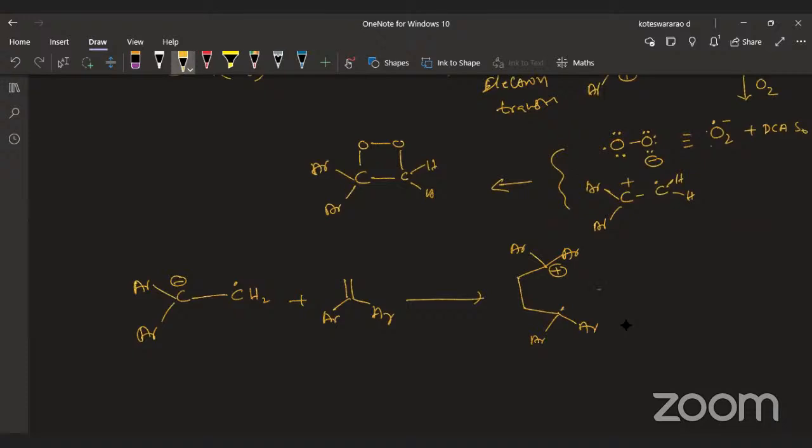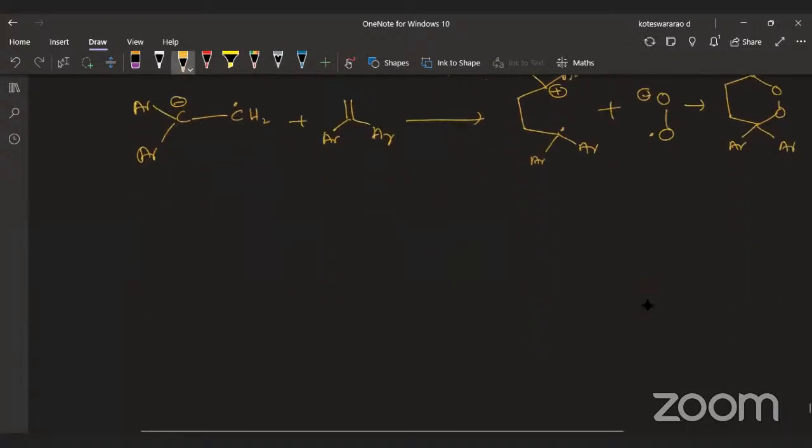This 1,4 radical cation further undergoes reaction with superoxide. Then it gets the formation of this product, which we generally see in the above reaction. This is about the oxidation with superoxide.